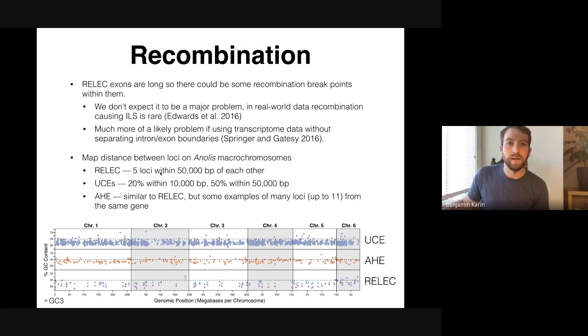There's only 5 loci that get that close, whereas UCEs can get within, there's actually 20% of the UCEs were within 10,000 bases of each other, and 50% were within 50,000. So this was kind of a surprising result for me. I think potentially there could be some linkage between loci when looking at UCEs, and I think this is something people should look into in the future. And if anyone's interested in collaborating on this kind of topic, I'd definitely be interested in looking into this more.